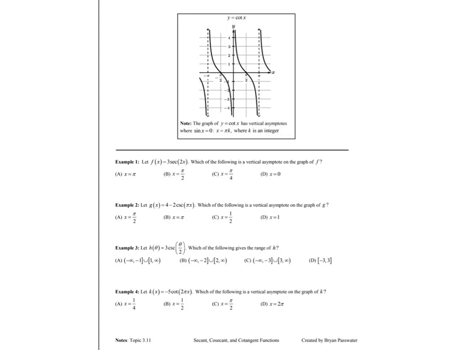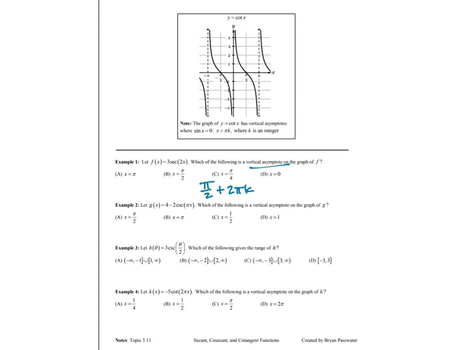Okay, example 1. Also at the top, you see the graph for cotangent. Example 1, it says, let f of x equal 3 secant of 2x. Which of the following is a vertical asymptote for the graph of f? Well, this is going to happen for secant every time cosine equals 0. You're following that? So when does cosine equal 0?